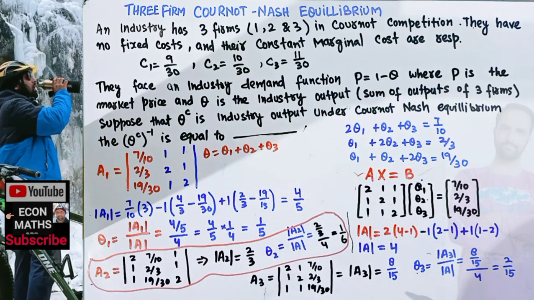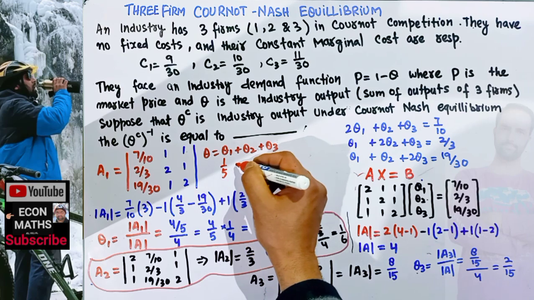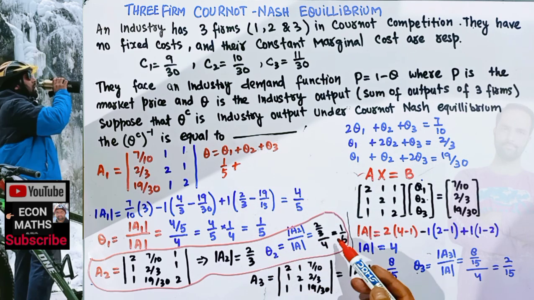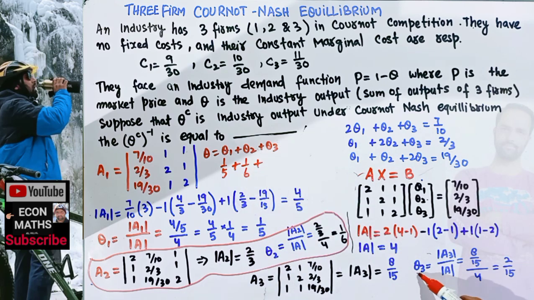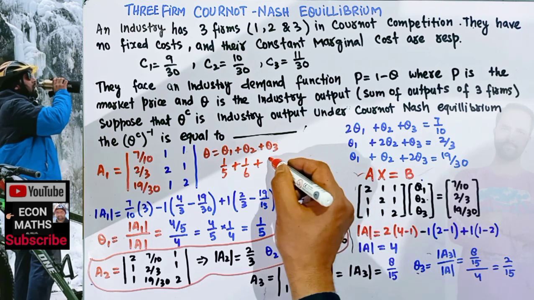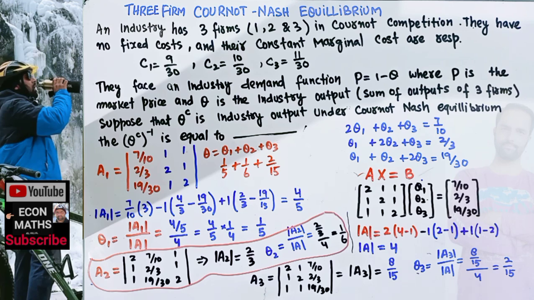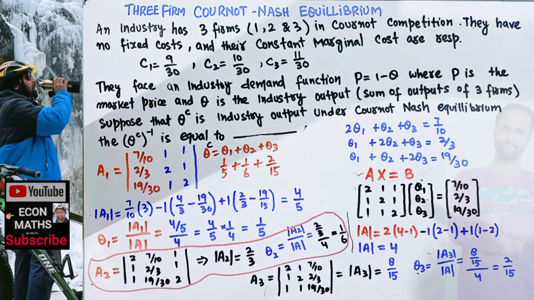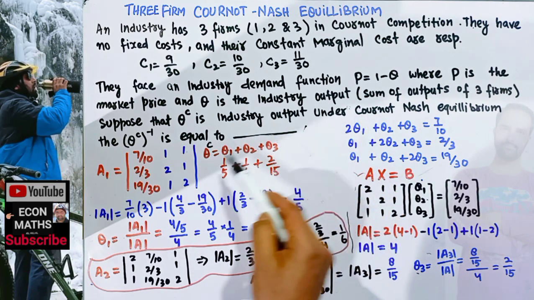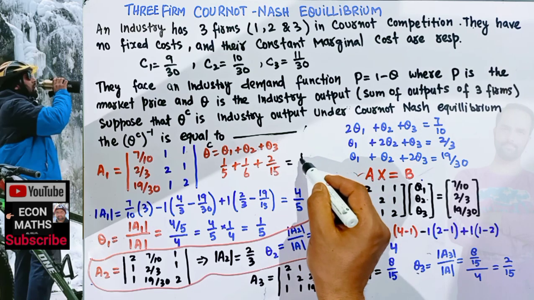So Q1 is 1 upon 5, plus output produced by firm 2, 1 upon 6, plus output produced by firm 3, 2 upon 15. That will be our Q superscript C, that means industry output under Cournot Nash equilibrium. When you add this up, it comes out to be 1 upon 2.